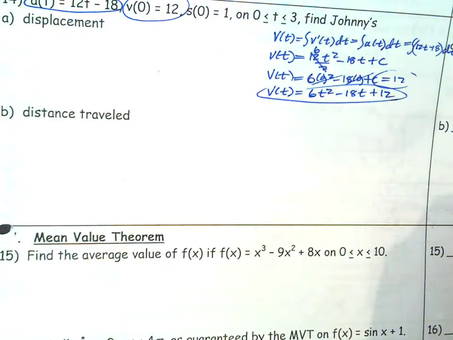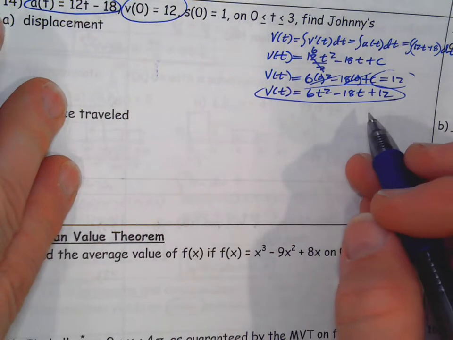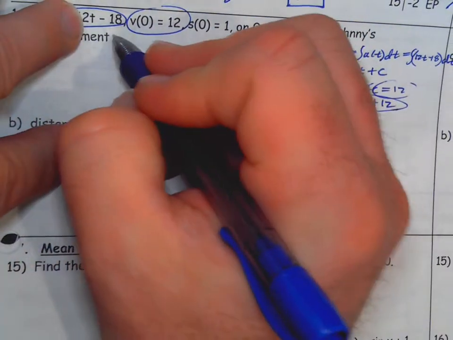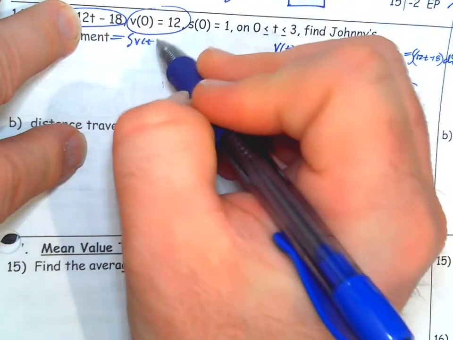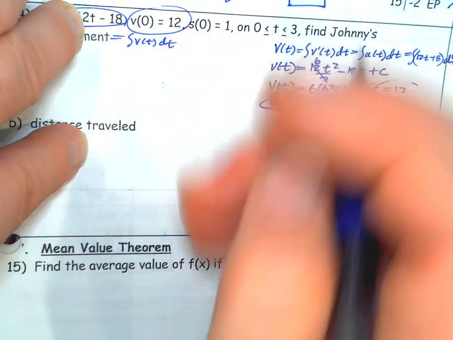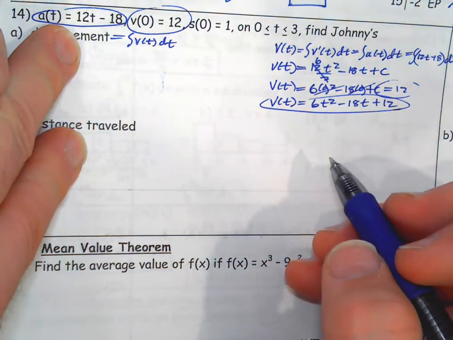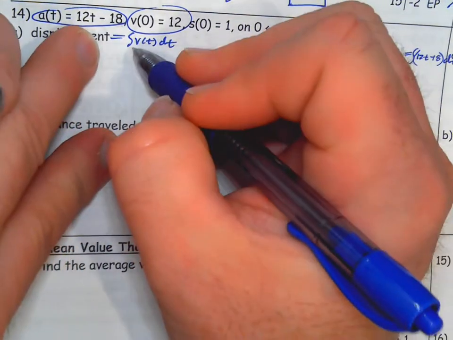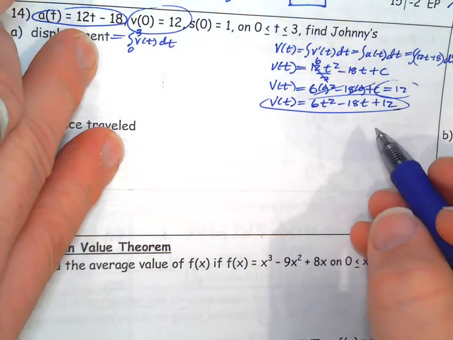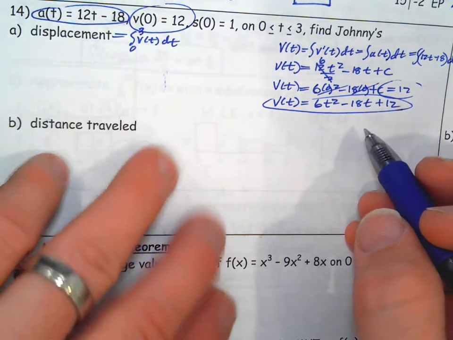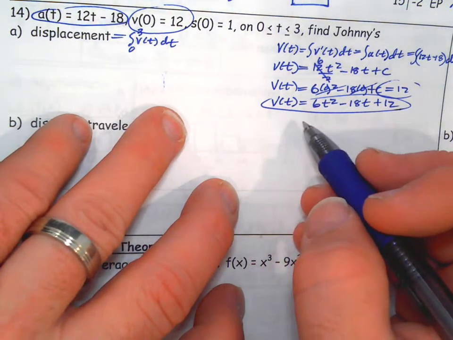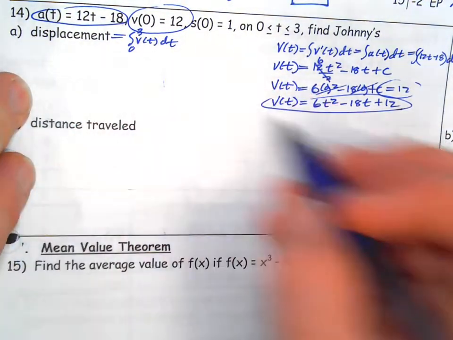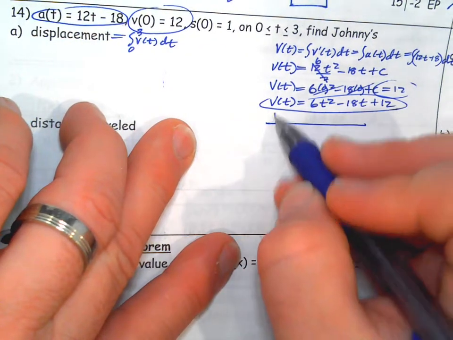So for displacement, we would integrate the velocity and go from 0 to 3. But I'm going to make a table. I think the table is the way to go here. So if we just do the table approach, we can do that for both of these problems. We can use the same table for both these problems.